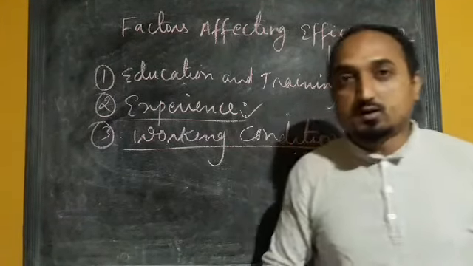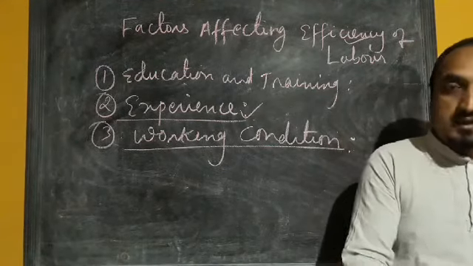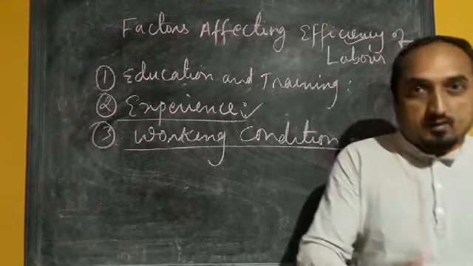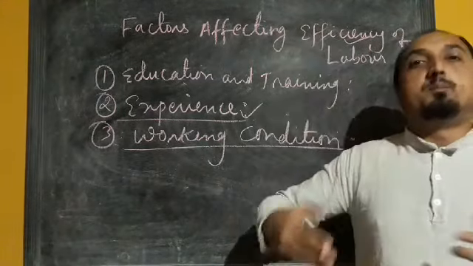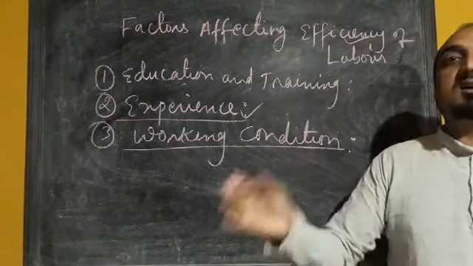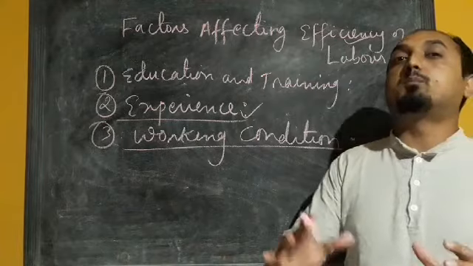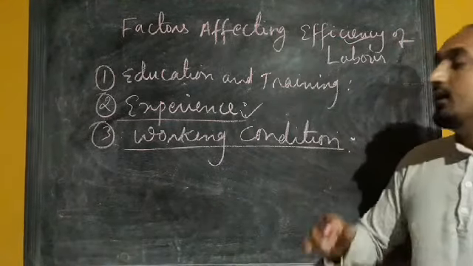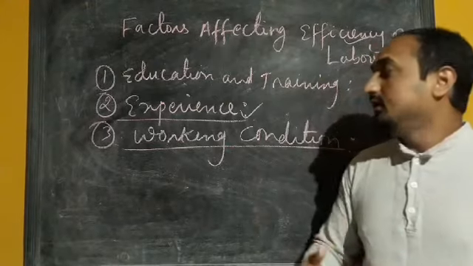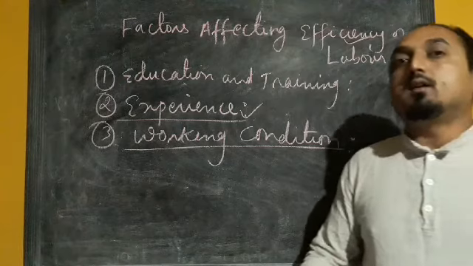If the places where workers are working are clean and hygienic, and if all the facilities like safe drinking water, better toilet facilities, etc. are easily available, or provided by that particular producing unit, then a healthy working condition will be there and the workers will improve their efficiency.